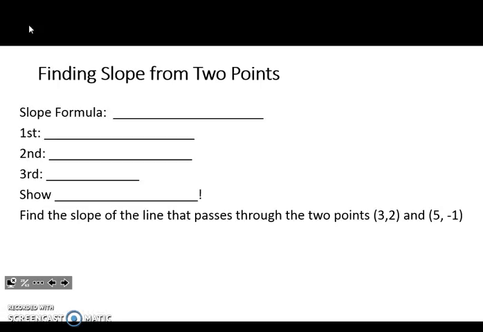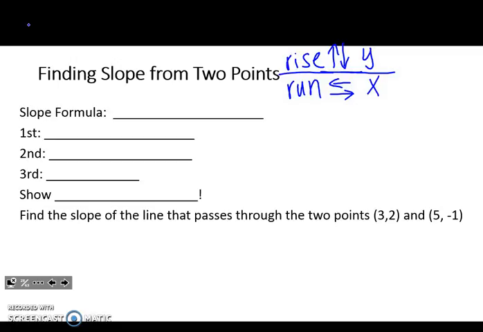So remember before, we always went rise over run. And rising affects the up and down movement, which is our y-axis. Our run was left and right, which affected our x-axis. We went left and right, which is left and right on the x-axis. So we are going to find the change in y's over the change in x's.